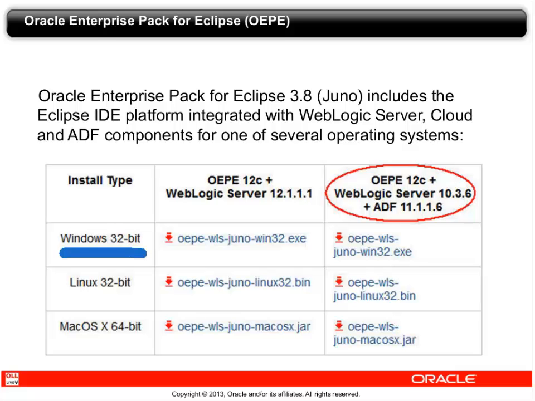You can run it in Linux and even Mac OS. The download includes Eclipse Juno version 3.8, a Java SDK, a WebLogic server instance, specifically the WebLogic server 10.3.6 instance, and the Oracle ADF components, which I will show you in another webcast.